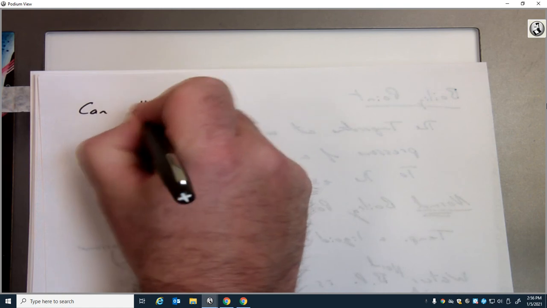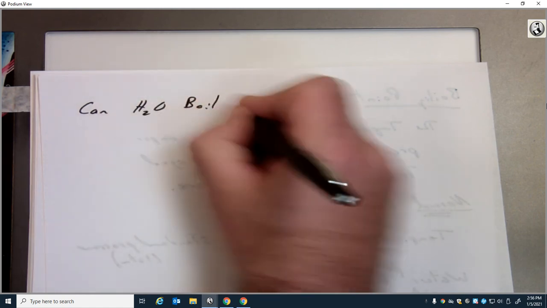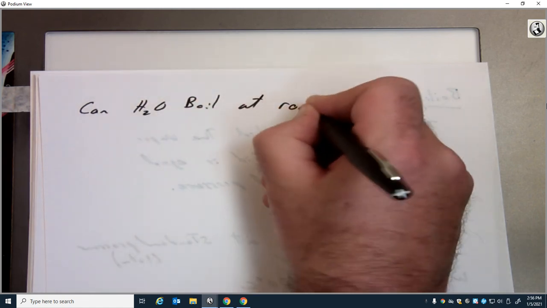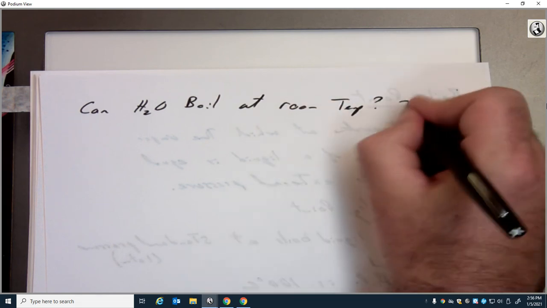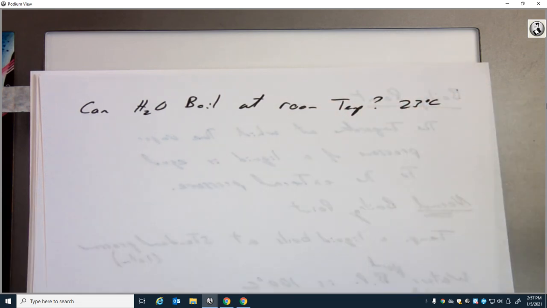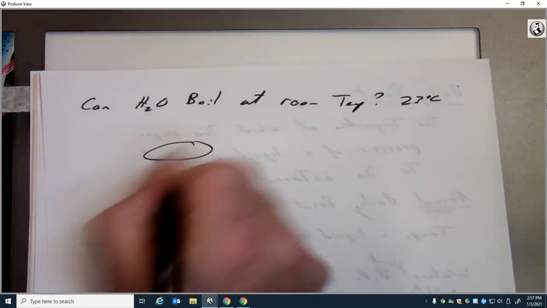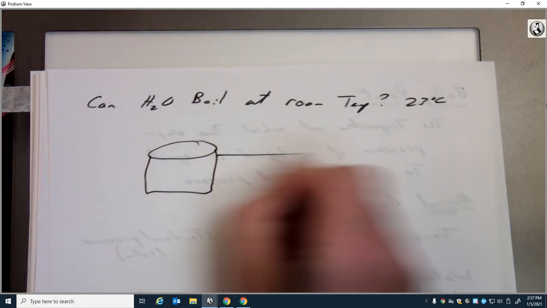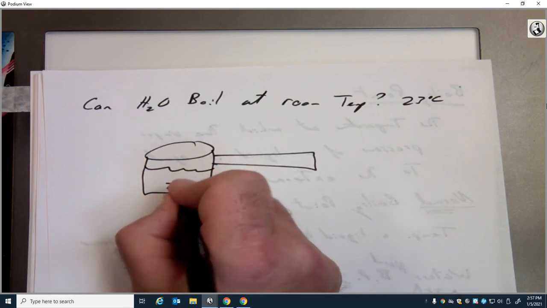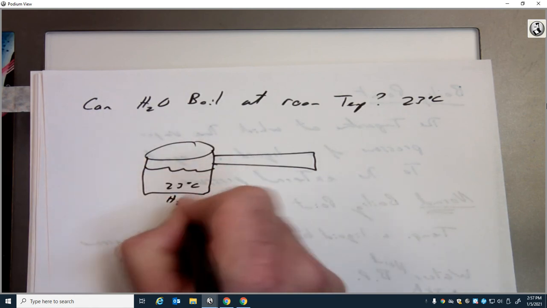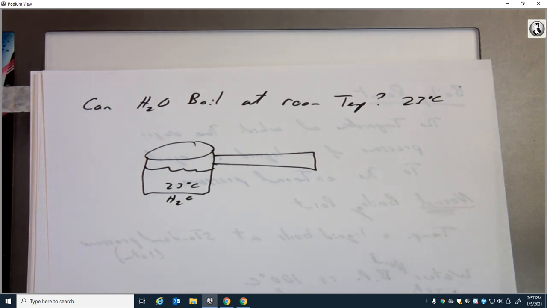So can we make water boil at room temperature, which is about 23 degrees C? If I have a pot of water at 23 degrees C, can I make it boil?